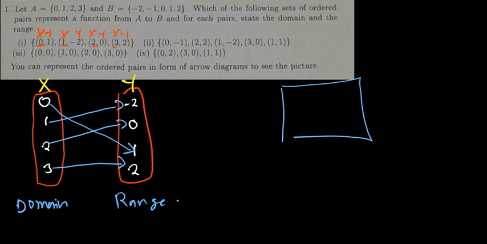For you to define that this is a function, when we're talking about the domain, I want you to understand this: the domain is the same as the husband, and the range is the same as the wife.